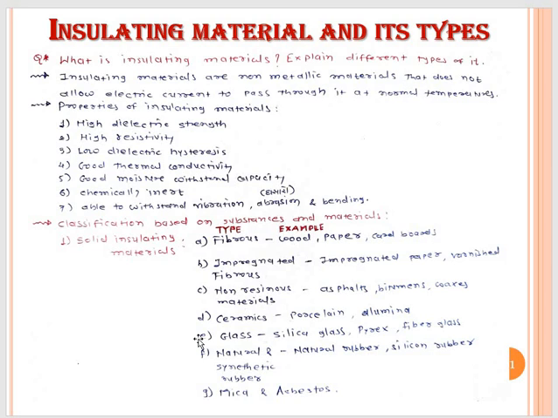And the last one, mica and asbestos, are under solid insulating materials. So these are the different types of solid insulating materials with their examples. In total, 7 types of solid insulating materials are there: A, B, C, D, E, F, G.